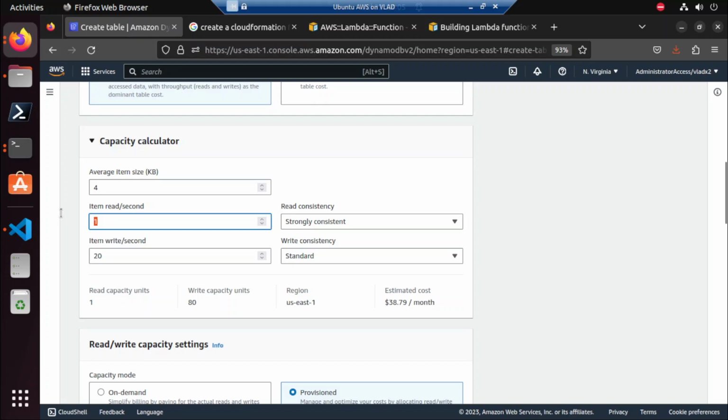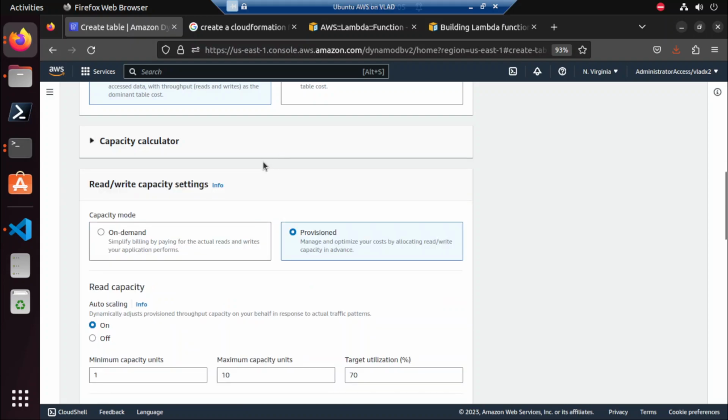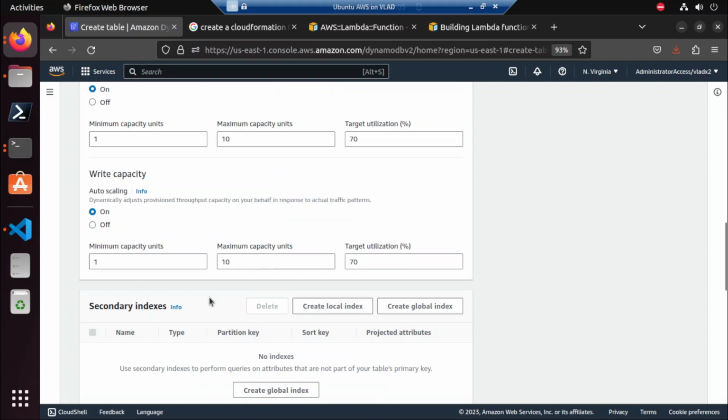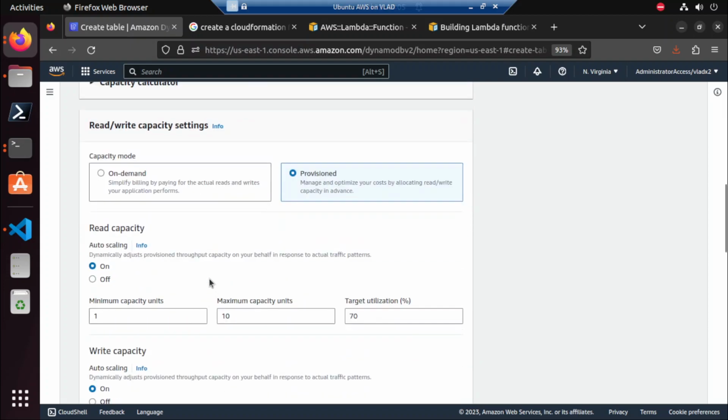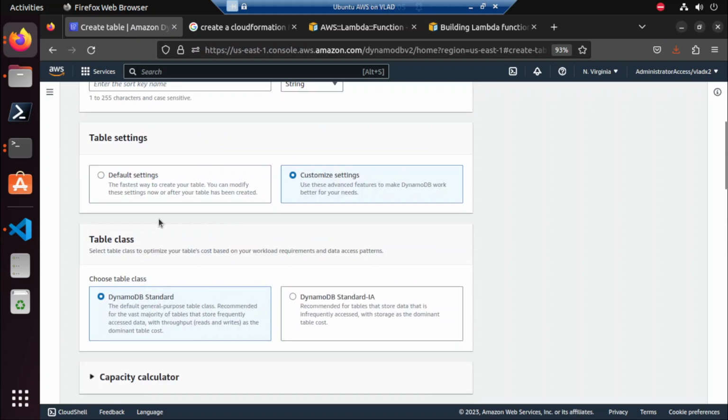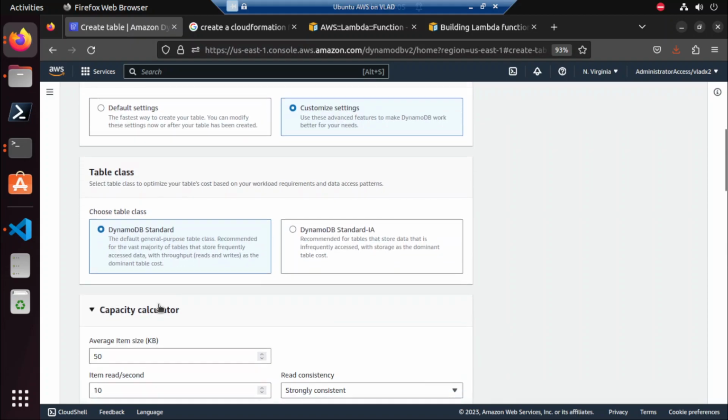so if we have 10 writes per second, then we have 50, wait, where is it? Did we change? Here.